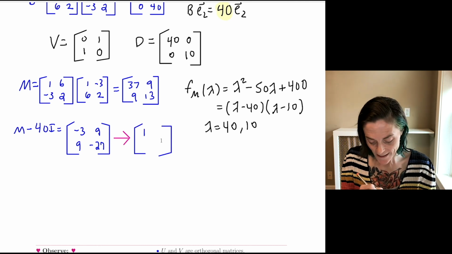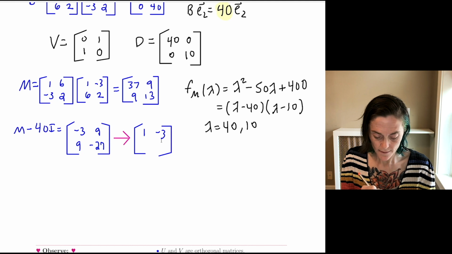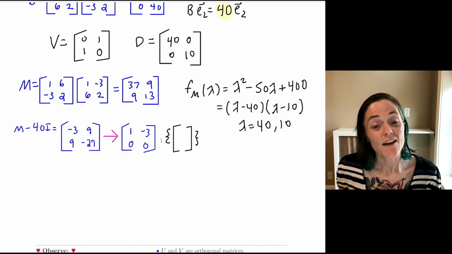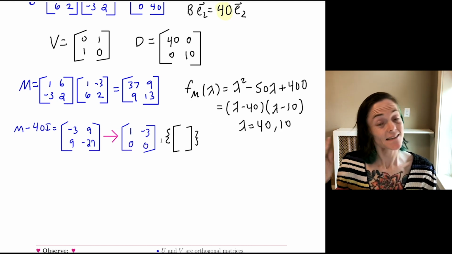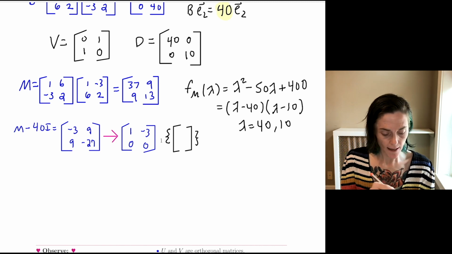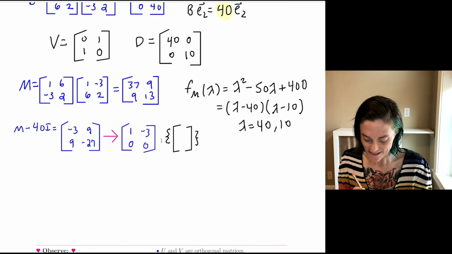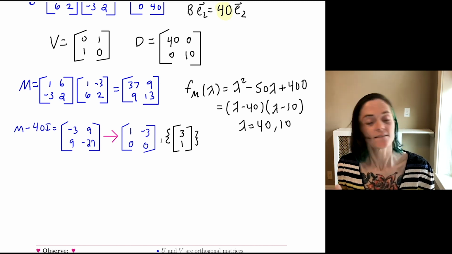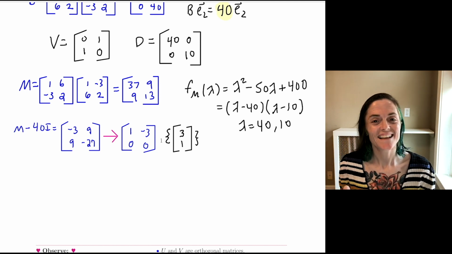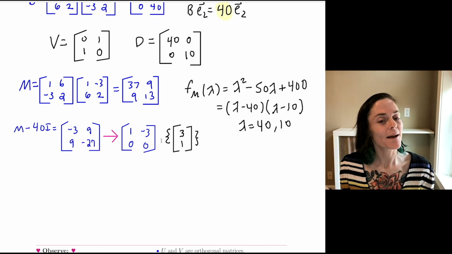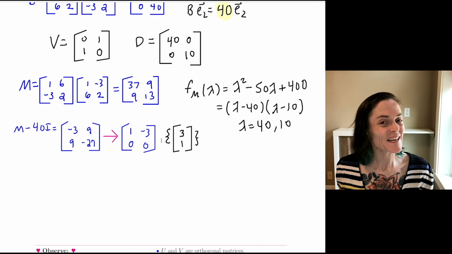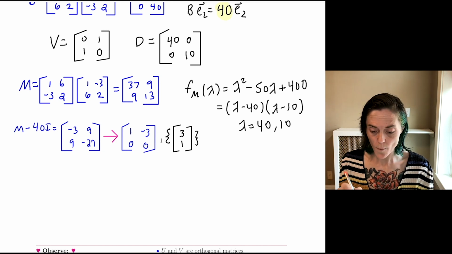We have 1, minus 3, 0, 0. If we want just a basis for the eigenspace, I can, for instance, take this vector, 3, 1. Definitely in the kernel of M minus 40I. Not yet unit, but I'll just leave it like this for the moment.